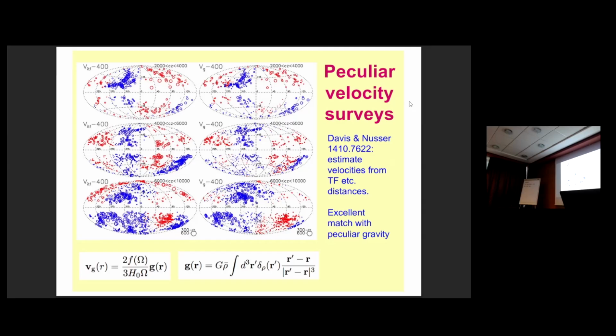And the agreement between these maps is truly spellbinding. So there's no doubt empirically that we can predict from a galaxy survey the radial component of the peculiar velocity. But in that case, we can also predict the thing we can't observe directly, which is the transverse component.